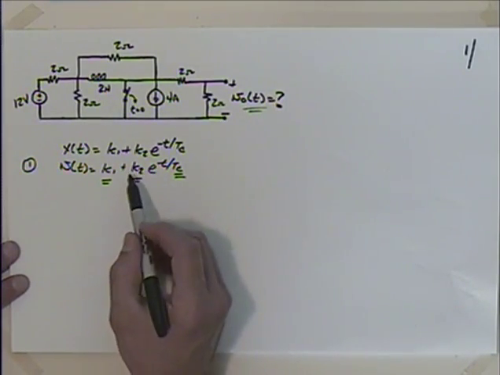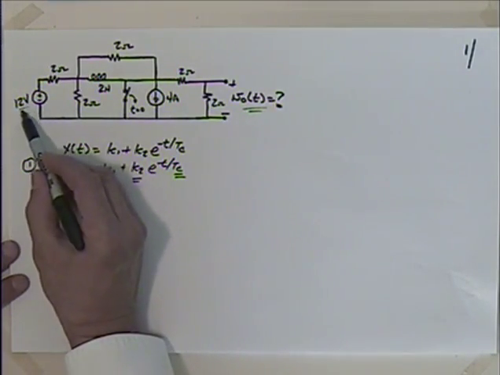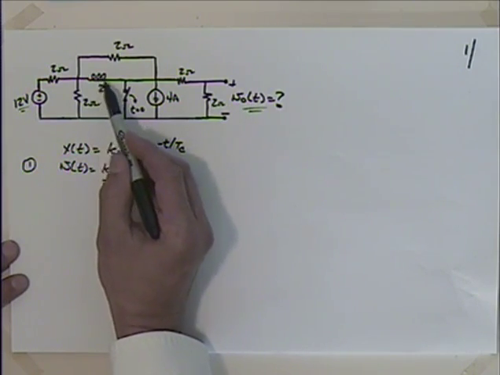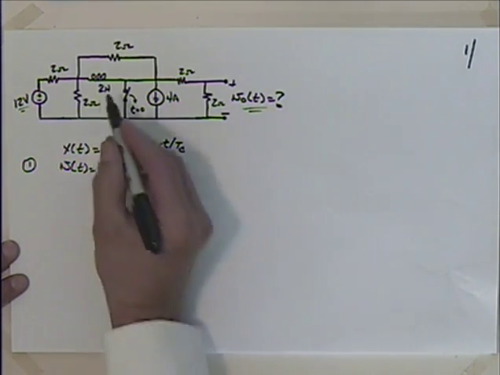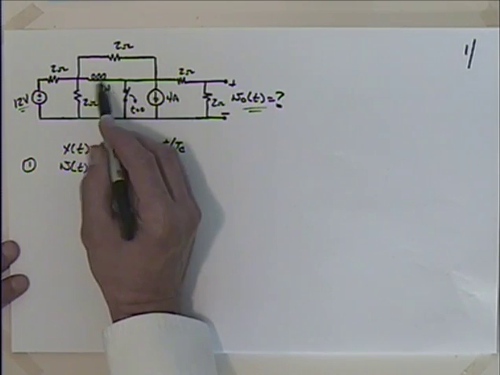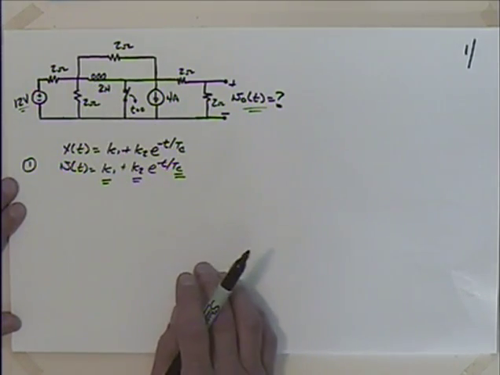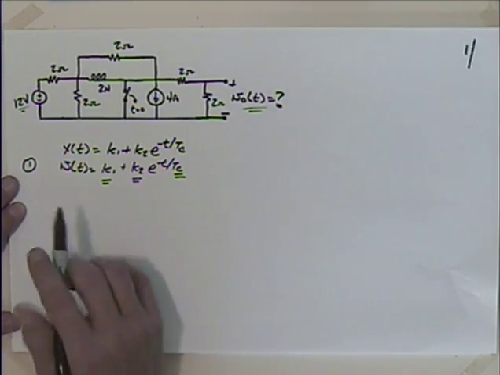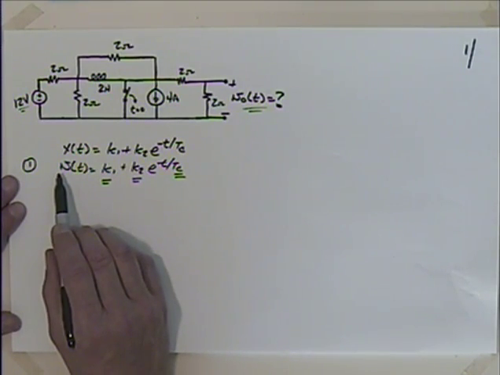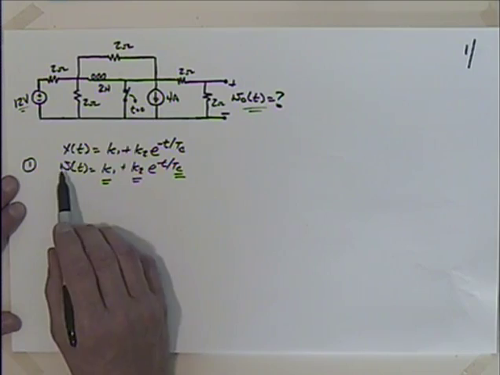Is this an okay model? Well, we have a DC source. We only have one energy storage element, that 2 Henry inductor. A 2 Henry inductor is a fairly large inductor, but it's not uncommon. We've got some 1 and 2, and I believe 5 or 10 Henry ones down in lab, so it's not completely unheard of. I think we're okay with that.